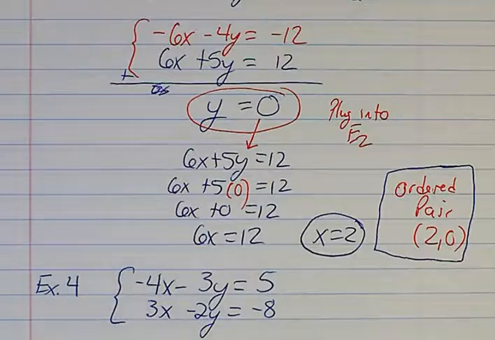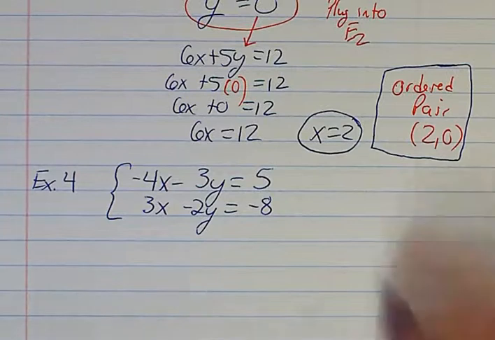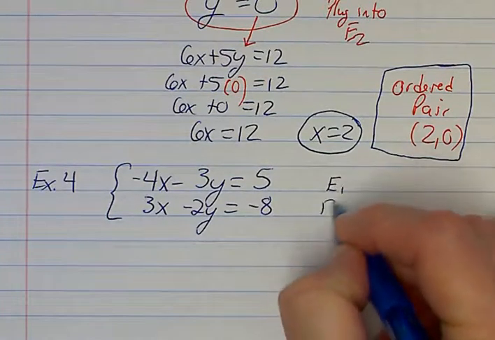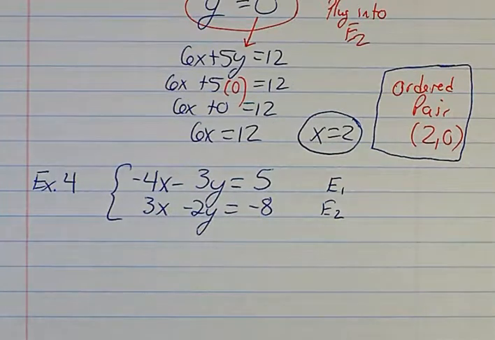Okay, so for the last one with elimination. We got negative 4x minus 3y equals 5, and then 3x minus 2y equals negative 8.